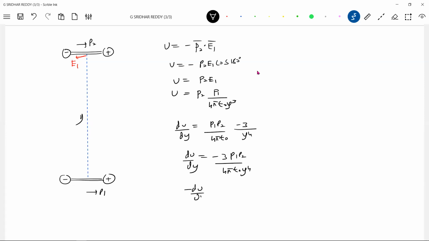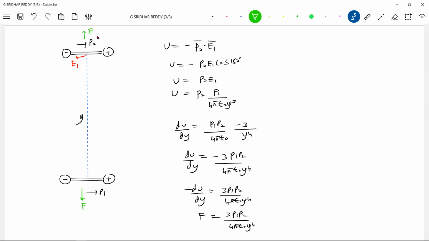Or minus dU by dy should be equal to the force F. What about repulsive or attractive? F is positive, so therefore a repulsive force will be set up on them. In what direction? It will be in this direction. The forces acting will be in this direction. No, not along the x-axis. They will try to move away.